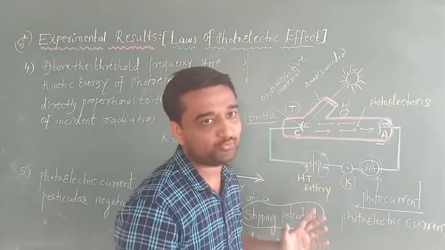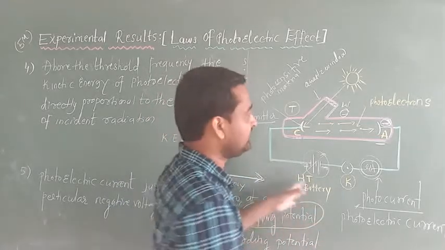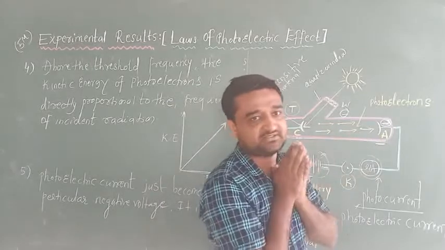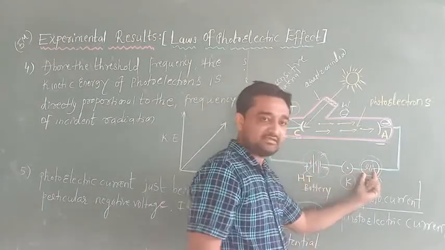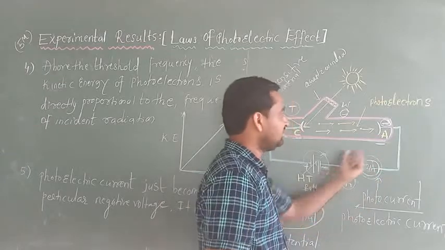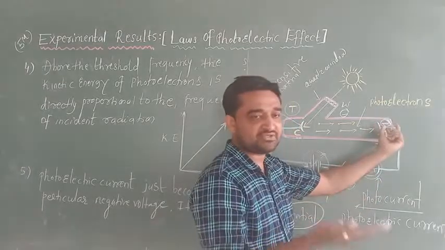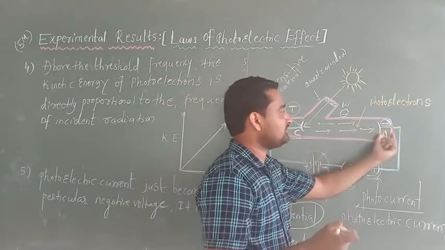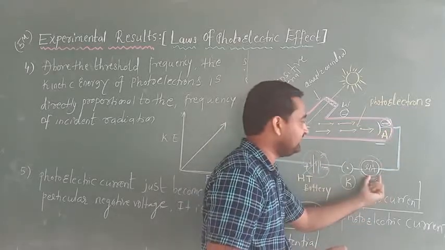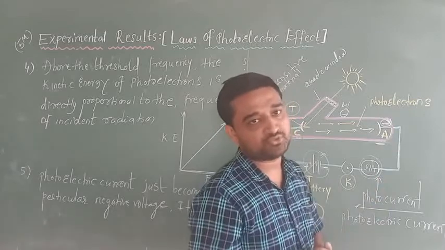The negative potential. There is a certain minimum kinetic energy, and because of that minimum kinetic energy we get the current here. As the negative potential goes on increasing, at a certain potential the reach of electrons towards the anode stops, and finally the current also becomes zero.